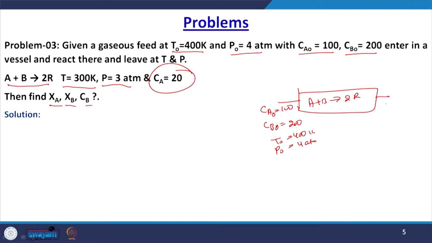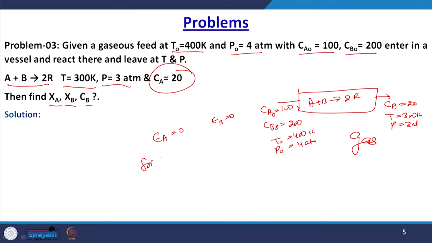The final values are Ca equal to 20, T equal to 300 Kelvin and P equal to 3 atmosphere. Since the system is a gas and the change in moles is negligible, epsilon A is equal to 0 and epsilon B would also be 0.